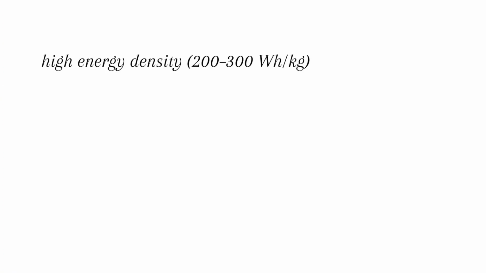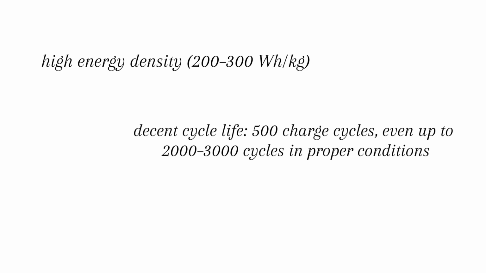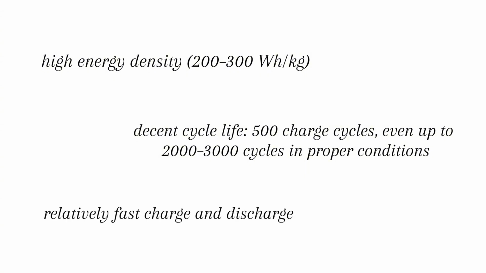Compared to alternatives, their cycle life is quite decent: about 500 charge cycles, but in proper conditions, it can be even up to 2,000 or 3,000 cycles. The numbers, though, vary a lot depending on the source. Another advantage is fast charge and discharge. Also, they can have high voltage and are not heavy. Their popularity seems to be justified.